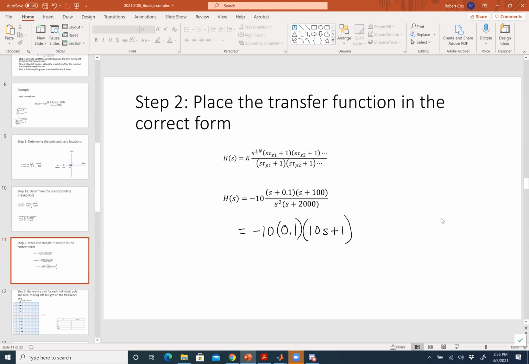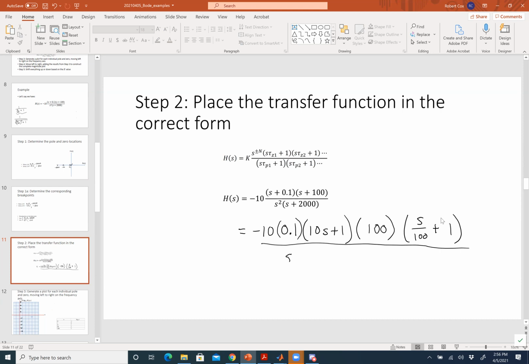What would I do with the s plus 100 term? What would I factor out? I'd factor out 100, and I'm going to get s over 100 plus 1. If you distributed that back in, you would have s plus 100, just the distributive property in algebra, right?